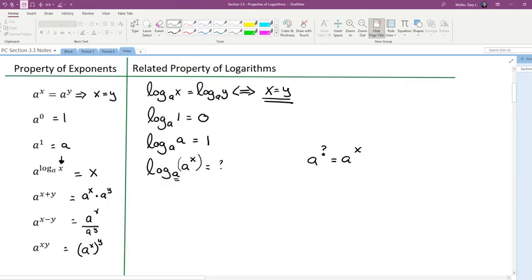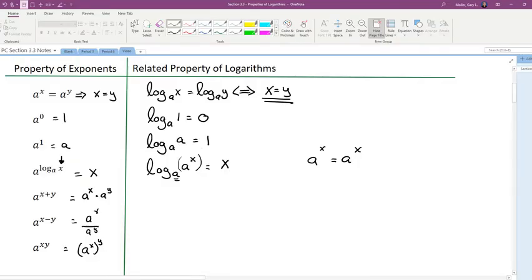Hopefully it seems quite obvious that our missing number would have to be x. If we have a to a power equals a to a power, then the two powers have to be the same. So these two together are basically our inverse operations. Taking log base a of an exponent is going to get us down to the exponent.